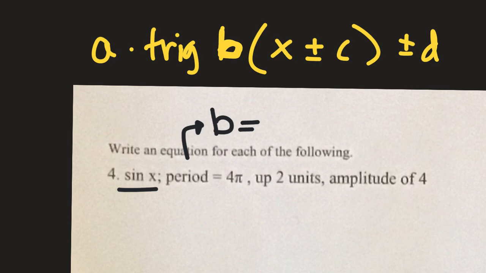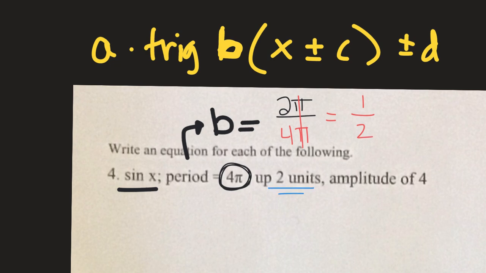So b is always 2 pi divided by the given period. So 2 pi divided by 4 pi. Okay, the pi's cancel out, and 2 divided by 4 reduces to 1/2.